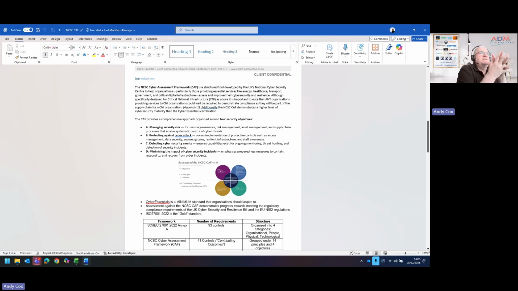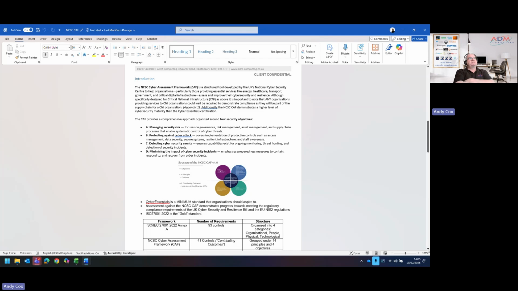Now, supply chain security, which we'll get onto in a second in more detail, is really assessing where your suppliers, particularly if they hold information about yourselves or, much like ADM Computing, have access into your environments, to ensure that they meet required standards as far as cybersecurity goes.